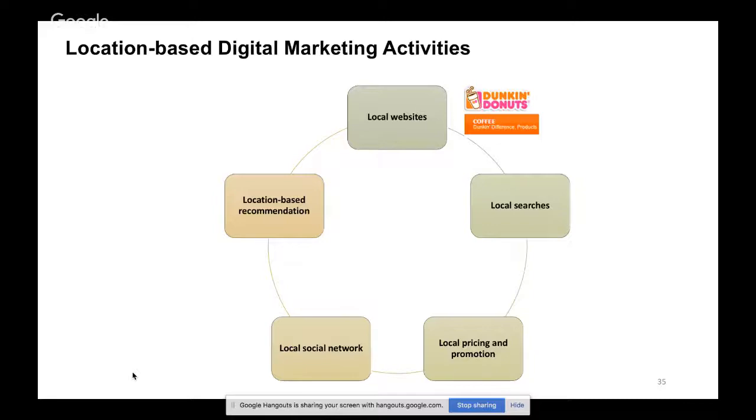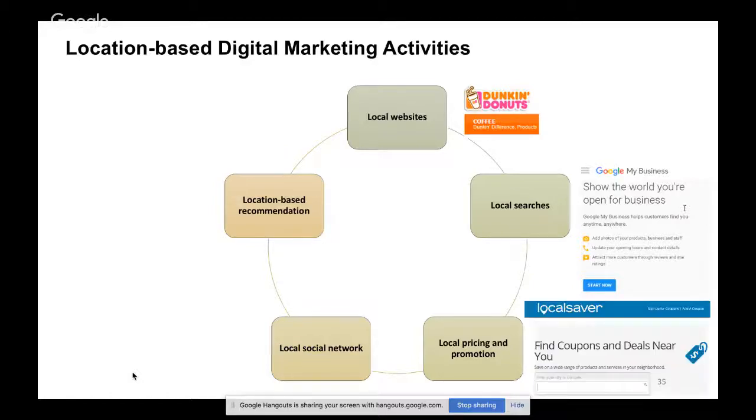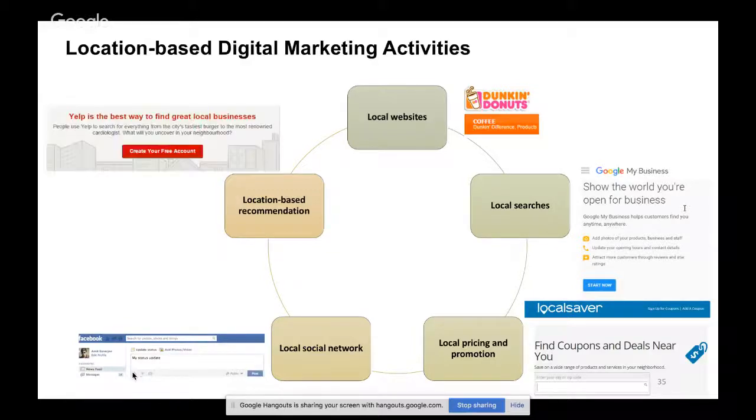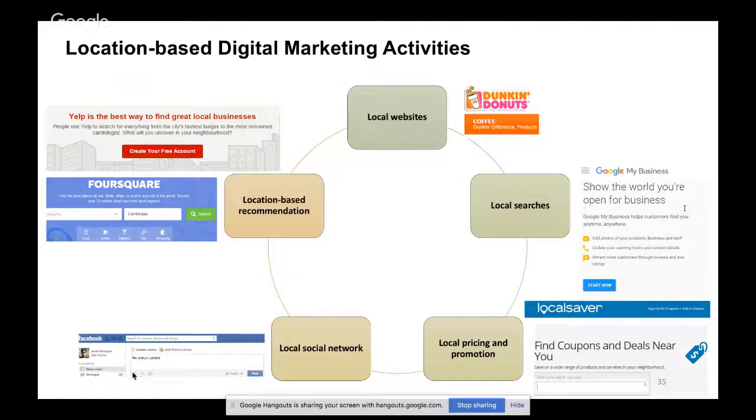And so the first one is you can do this by providing the location information on your website, and also you can utilize the location people are currently at while they are doing the searching, and you can offer the location-based pricing or the promotion, like the Starbucks example, and also you can provide location-based social media marketing, and finally you can provide location-based recommendations.